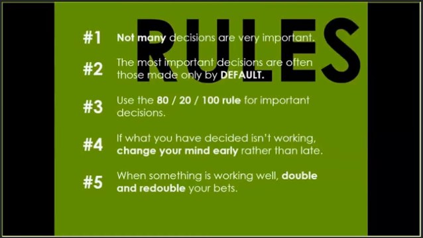So now let's summarize. Rule number 1, not many decisions are very important. Again, refer to your priority sheet to determine the importance. This is the inbox-outbox approach. Rule number 2, the most important decisions are often those made only by default.